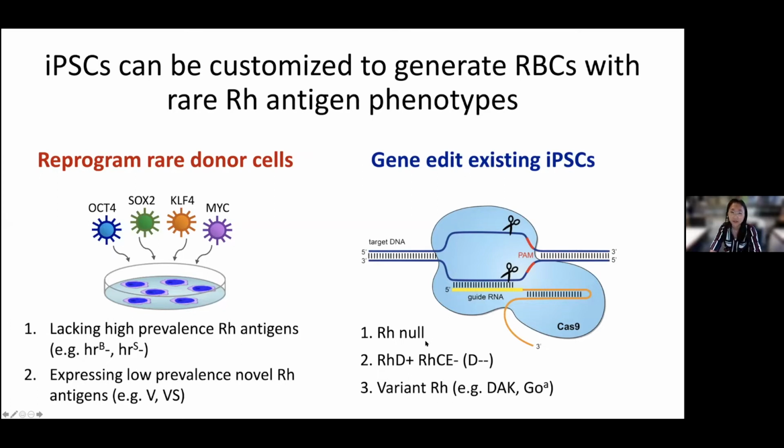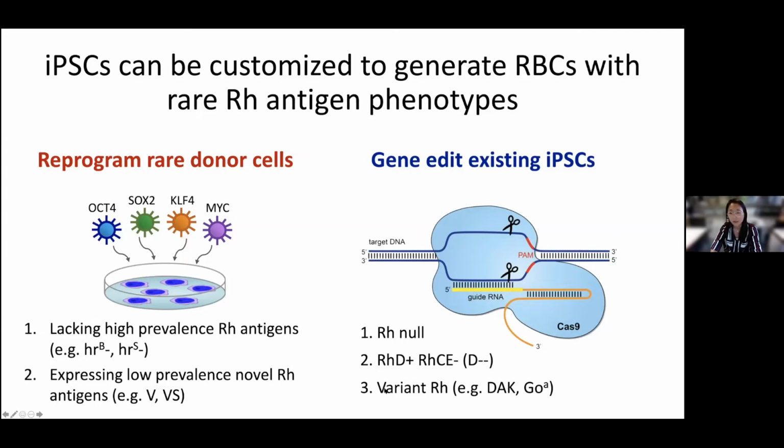So these are red cells that wouldn't have any Rh on the cell surface. And then using the RH null line as a background, we reintroduced RHD to make a line that we call D-, which is a line that has the RHD protein but lacks RHCE. Again, both of these are extremely rare, so you couldn't really find donors for.